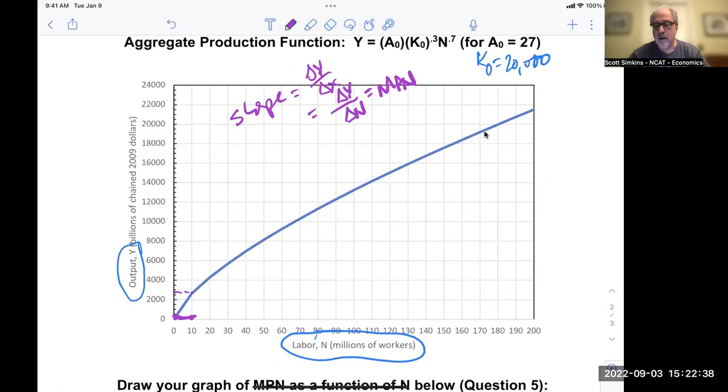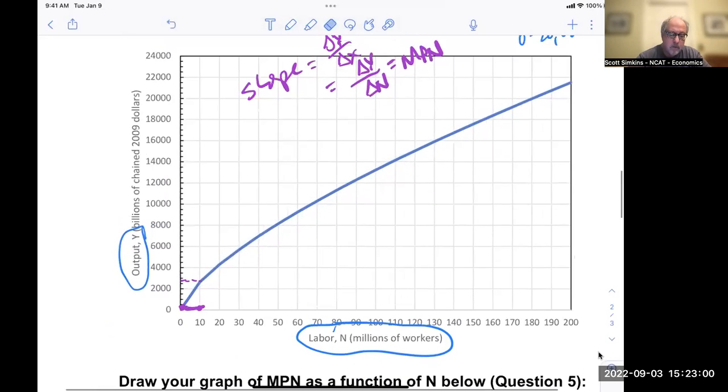I don't remember exactly what the number was. It's 2,640. That's this number right here. So the change in Y is 2,640. The change in N is 10.